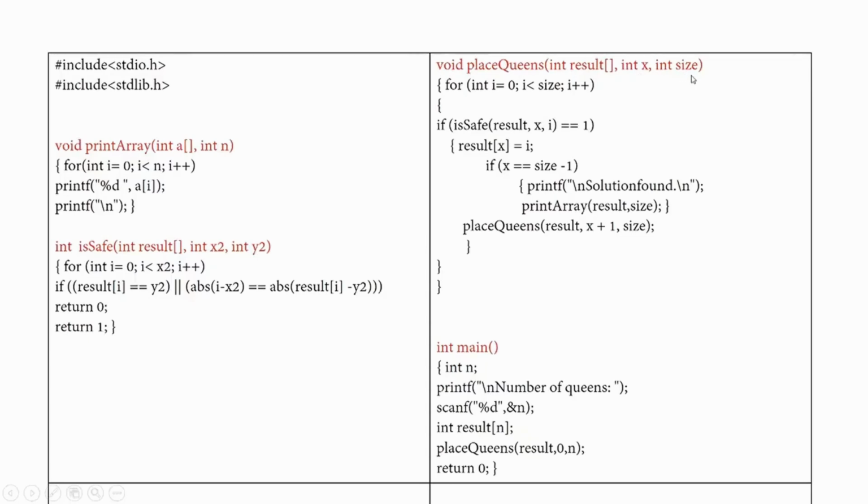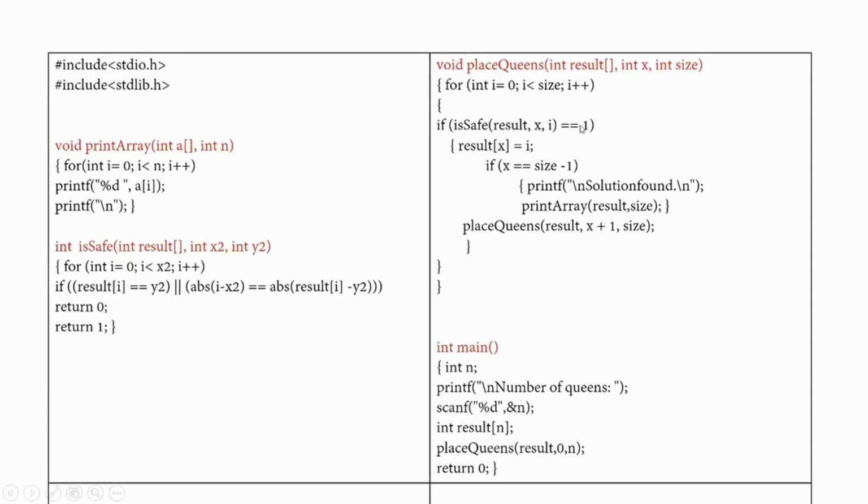This size represents the size of the chessboard. Now there will be one for loop which will be executed. Before placing that x queen at row x, it will start searching for all the possible column values. Now this i represents the column, from 0 till n minus 1, it will be invoked.